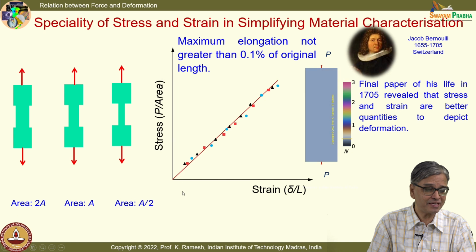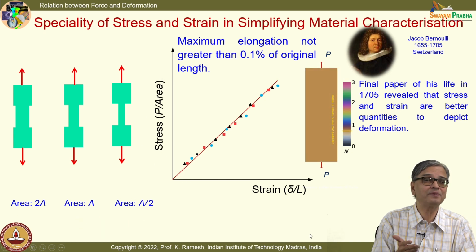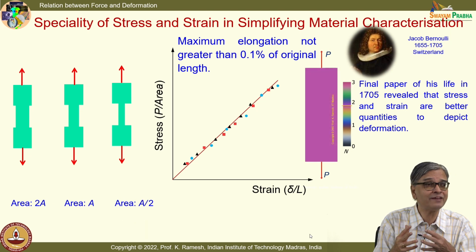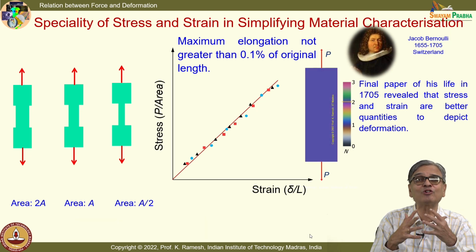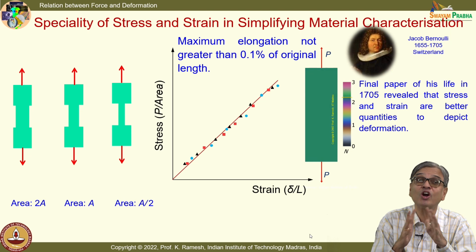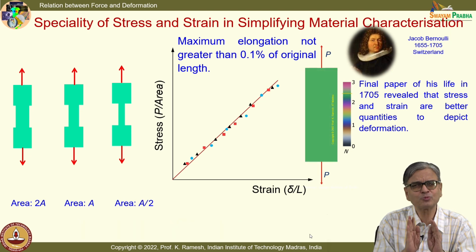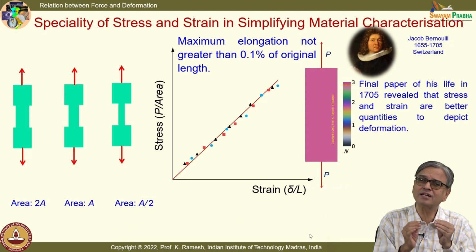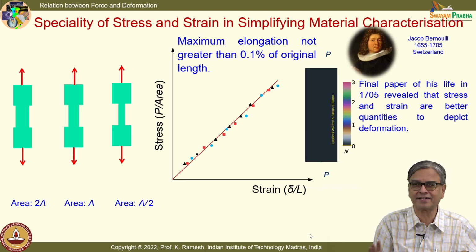I have P by area, which we also label as stress, and when you say P by area, it looks like a number, isn't it? But we have already said that in the chalk experiment, it fails at different planes. Unless I bring in the plane information, my understanding of the resistance is not complete. We will postpone that for the time being. Fine. We will solve certain simple problems with this understanding.